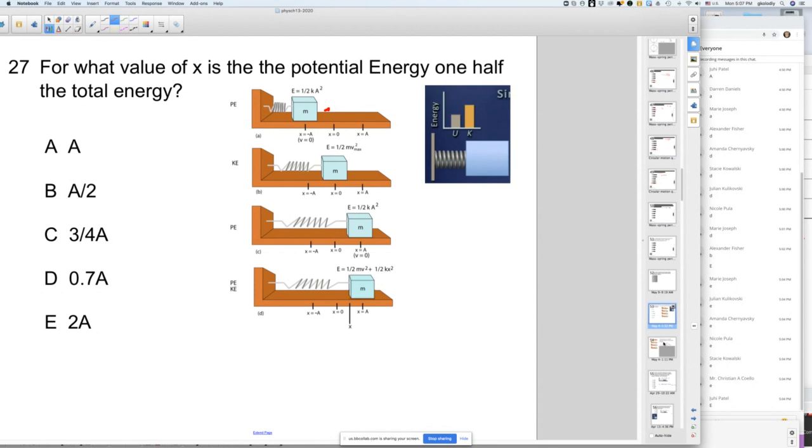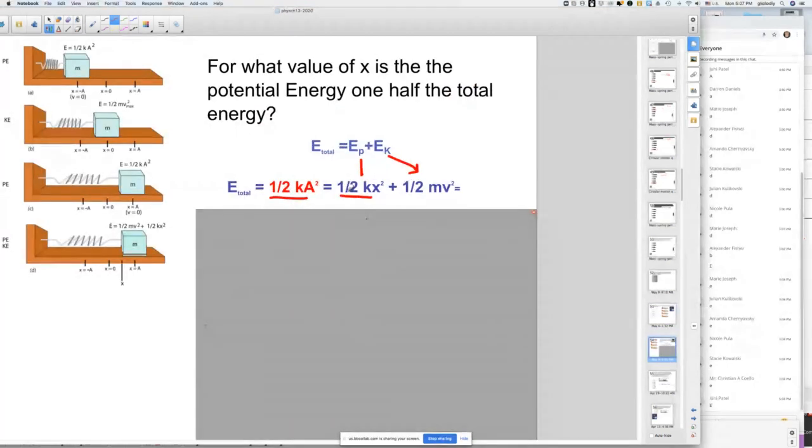Actually, I can keep it in the other slide, and I'll come back here so you can look at the equation that you're going to need to use. For what value of x is this 1/2 of this?